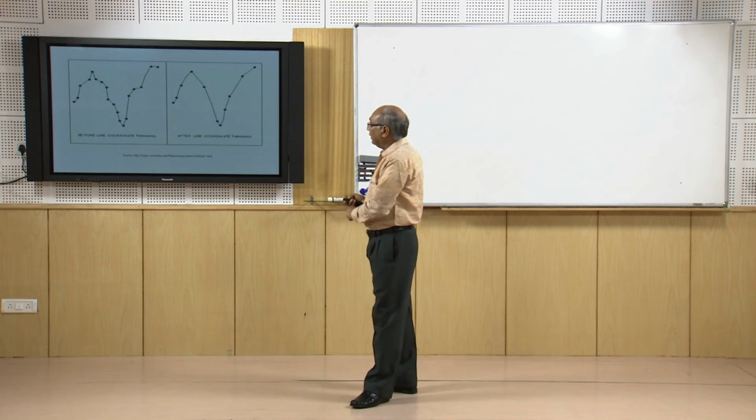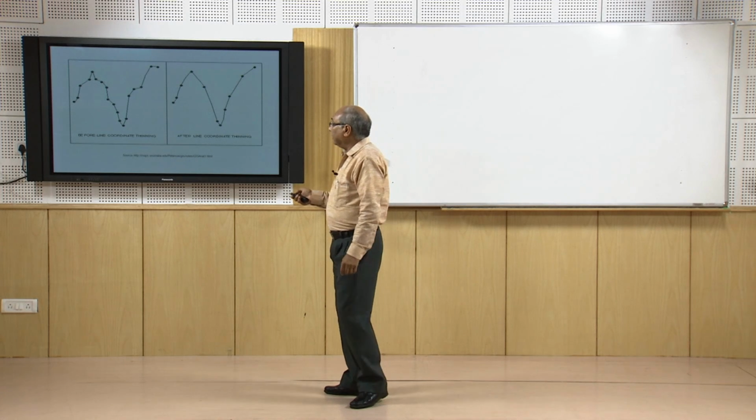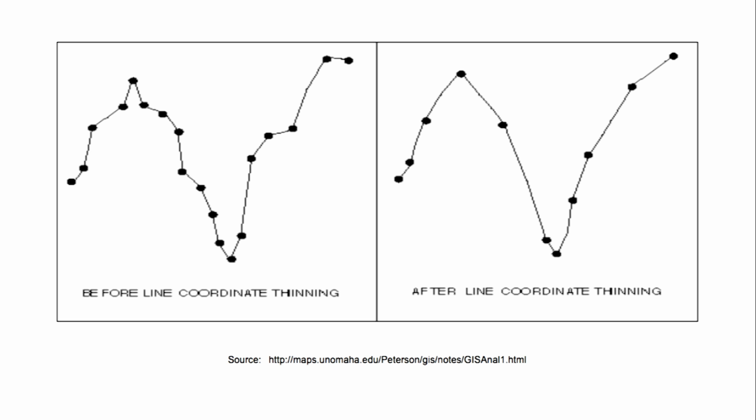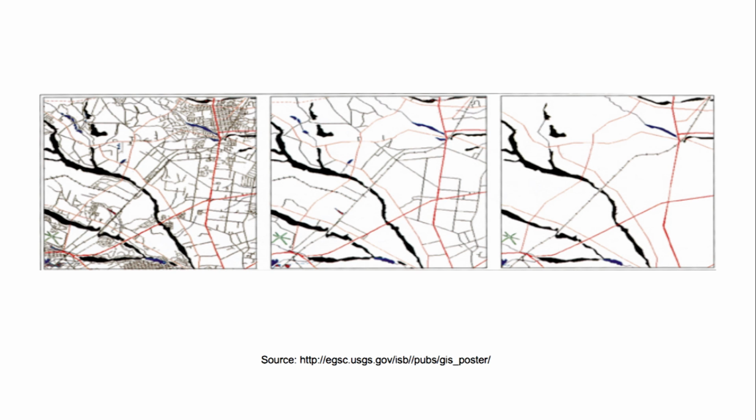Another example here is thinning of coordinates. So small kinks and bends can be removed. One node has been removed here, and therefore you get an almost very smooth line compared to the previous one. Similarly here, in a real map example, you can see that a lot of details were there.